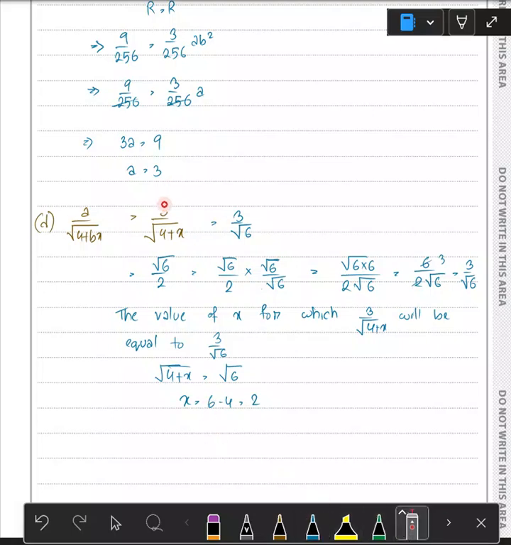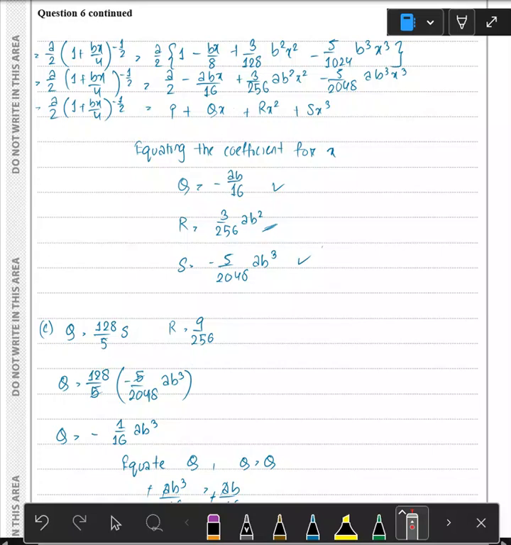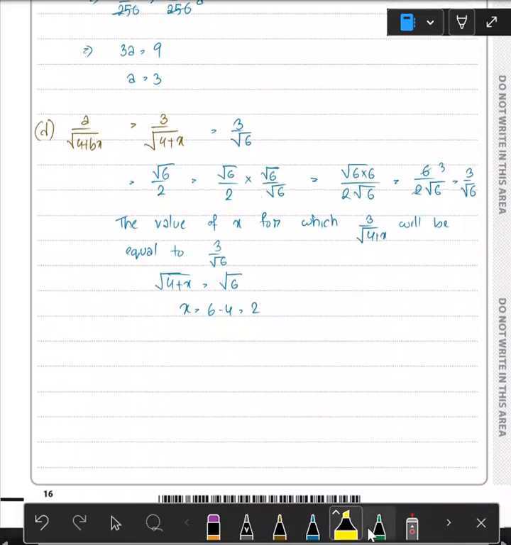We know from the second part of the question that we got an expansion for this. The expansion was this. Now I can substitute. So I can write this again here.